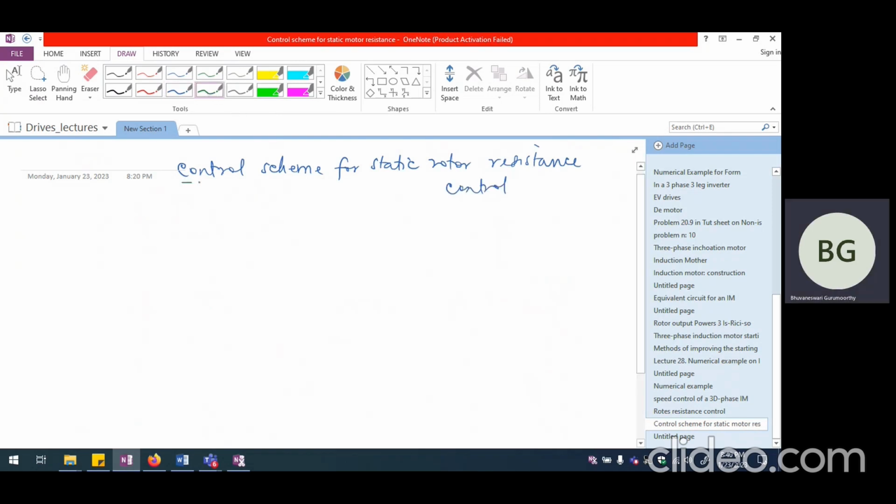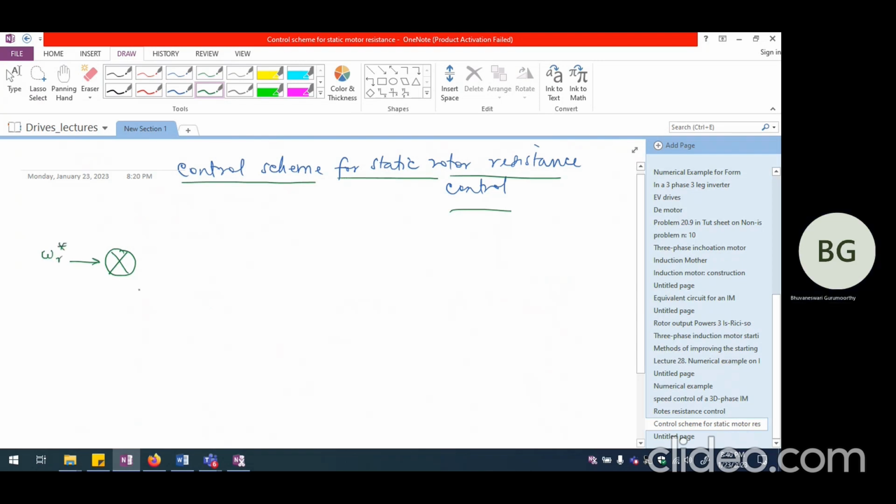So what we are looking at is to achieve a particular value of speed. So we are going to say that we want to achieve a particular value of reference speed. And what is the actual speed that is fed back here? So this is going to be the actual speed of the rotor. Now, what comes here is speed error.